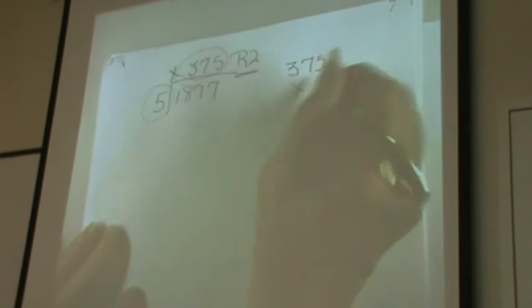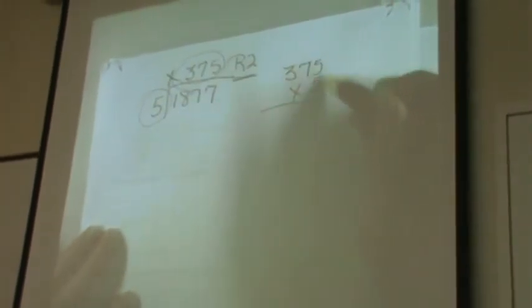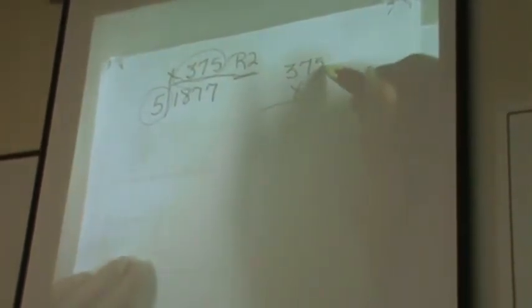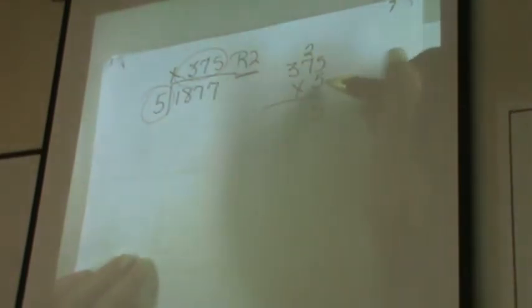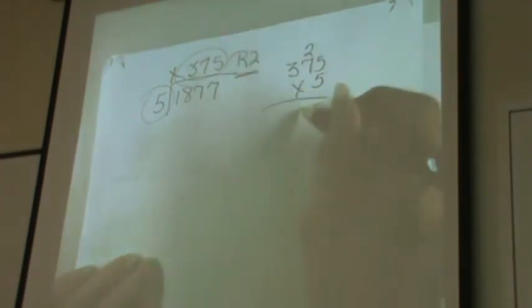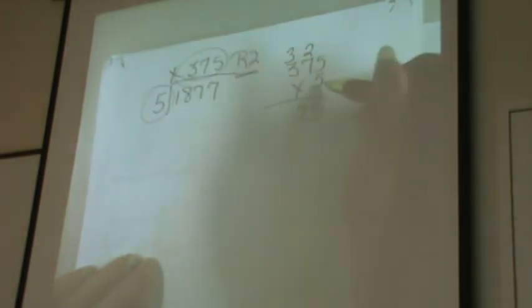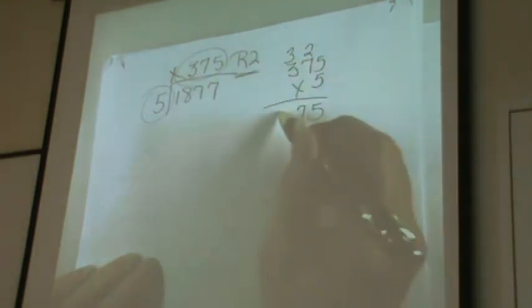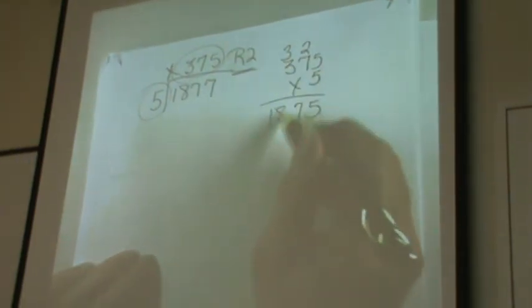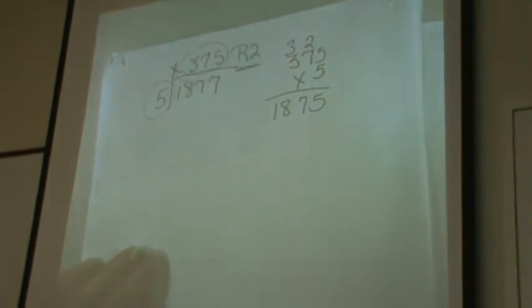375 times 5 is, let's see, 5 times 5, 25. Show the carry. You didn't do it on a calculator. 5 times 7, 35 plus 2, 37. 5 times 3, 15 plus 3, 18. Okay, there's 1875.